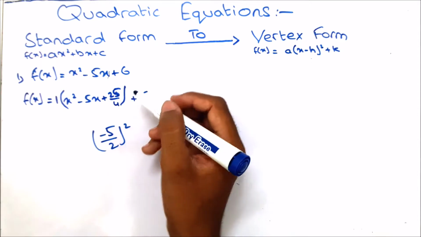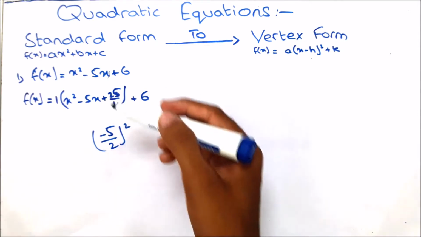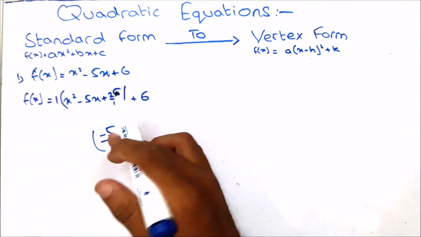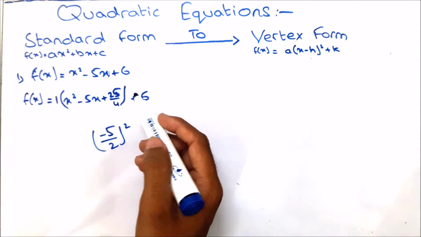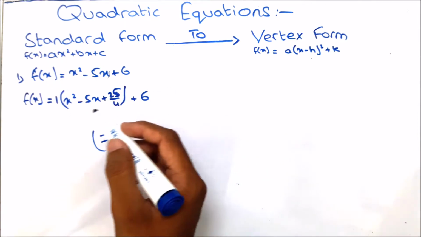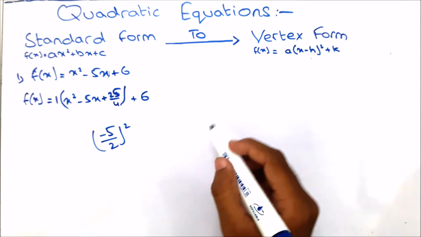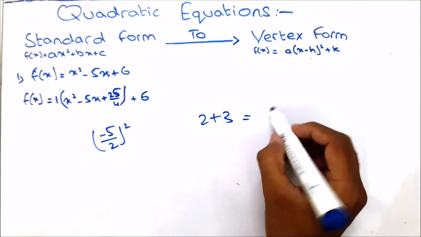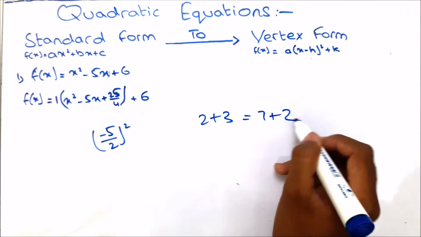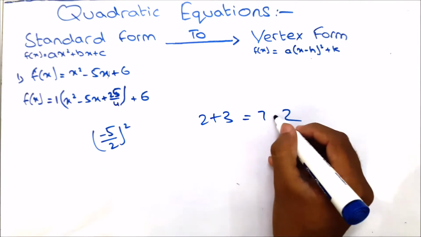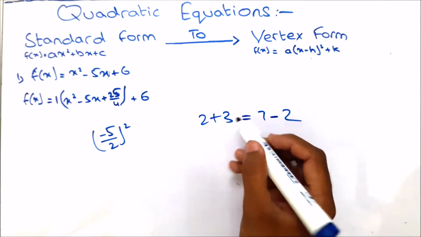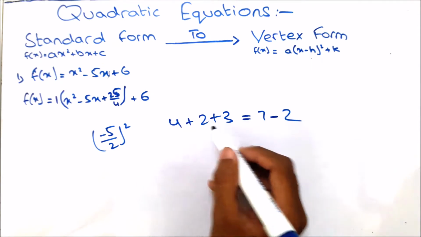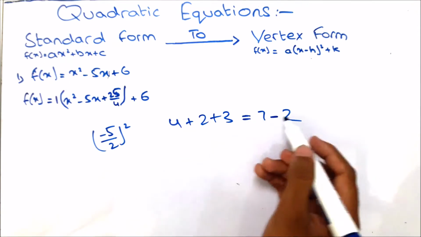When we have an equation like f of x is something and this is something, if we add something, it is not fair that we do not subtract it. Like there are two numbers, 2 plus 3 equal to 7 minus 2. These are an equation. If I add 4 over here, it won't be fair because it won't be an equation then.